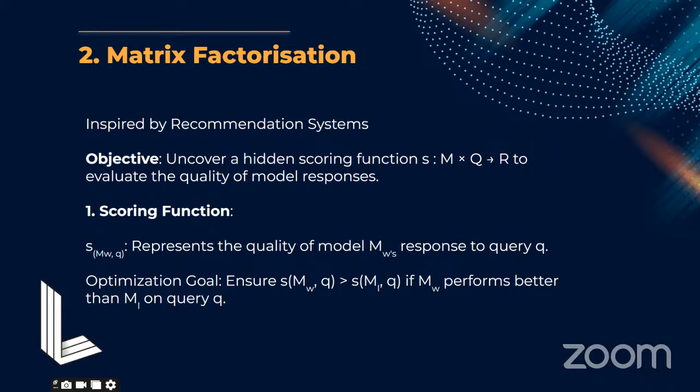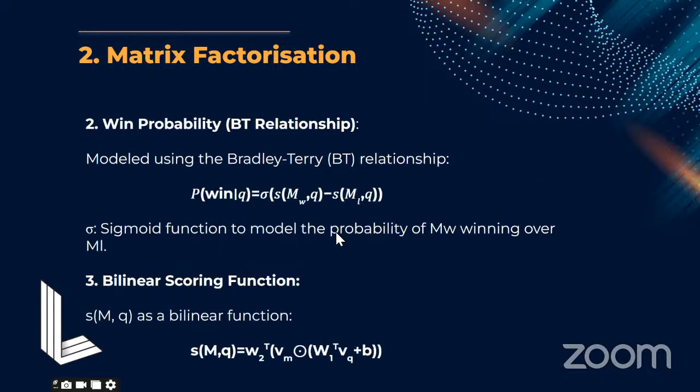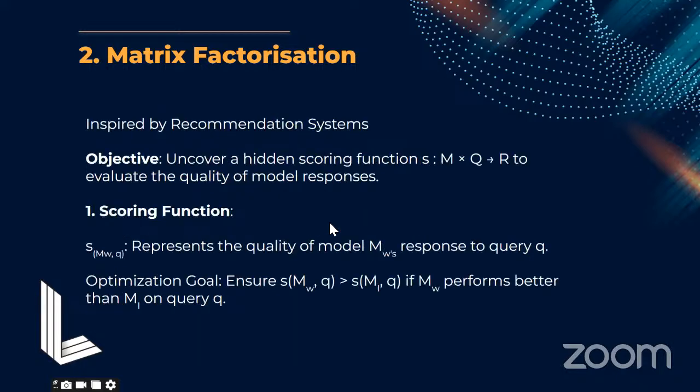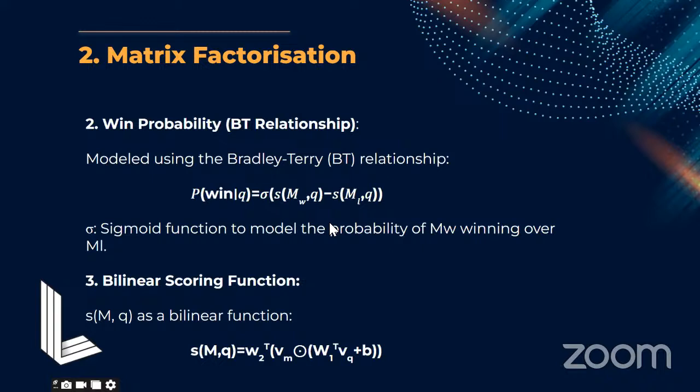The key concept is to predict a score that represents how well a particular model will respond to a specific query. It is divided into three components: the first is the scoring function, the second is win probability, and the third is bilinear scoring functions.